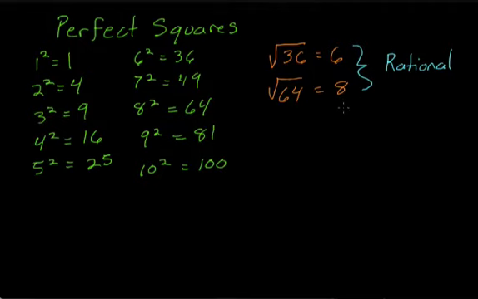However, there are other kinds of values called irrational numbers, and if you try and take a square root of an integer that is not a perfect square, let's say the square root of 2, well, the square root of 2 comes out to be 1.4142135, and I'm going to stop there, but this number keeps on going forever.